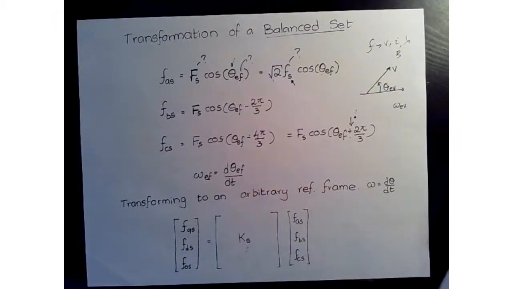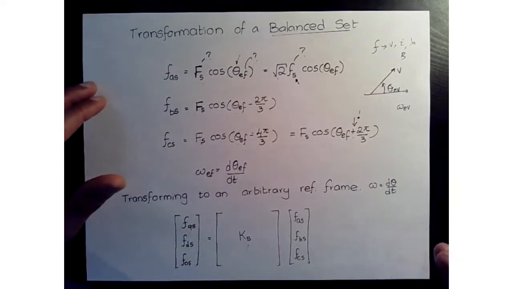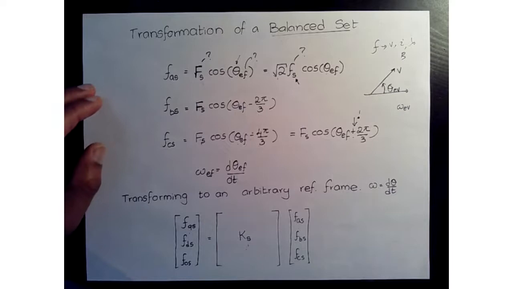What that means is your signal might be rotating at, let's say, 100 hertz, and you are trying to look at that 100 hertz signal from a reference frame rotating at 50 hertz or 20 hertz or 1.1 hertz. So it's an arbitrary reference frame, right?